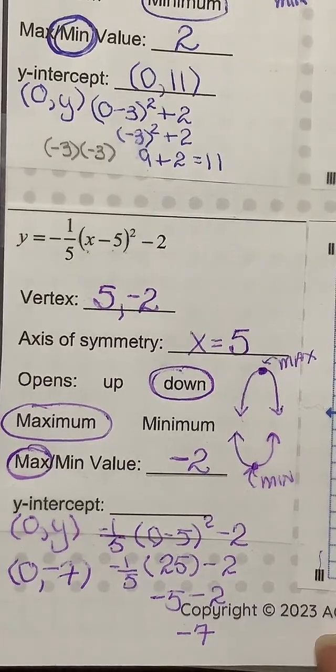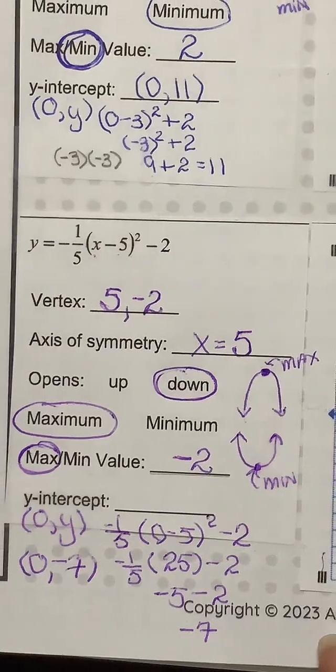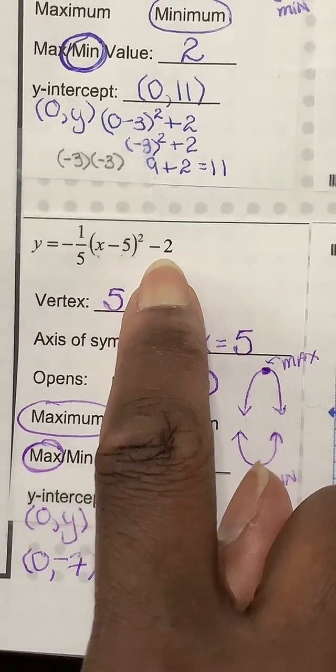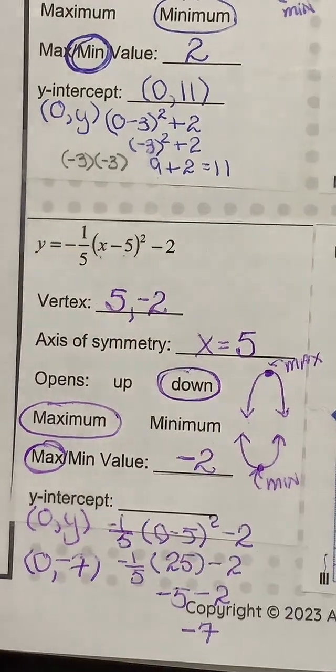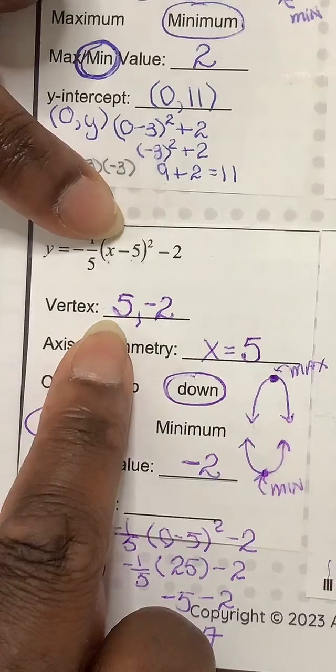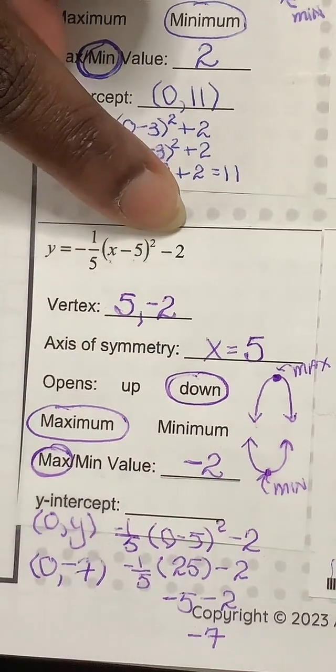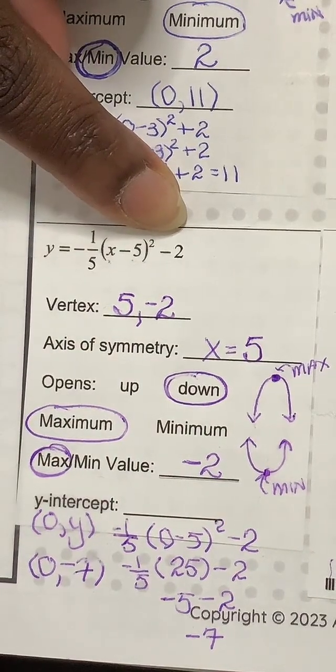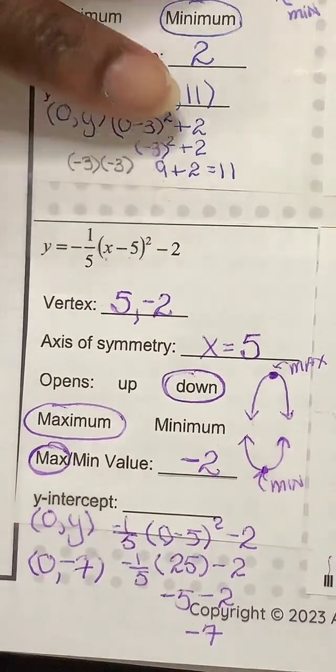Yes, please show an example where K is given. K is given right here, that -2. My X value is always opposite what I see. Since I see a -5, it's going to be a +5. And then my K is -2, so I bring down the -2.